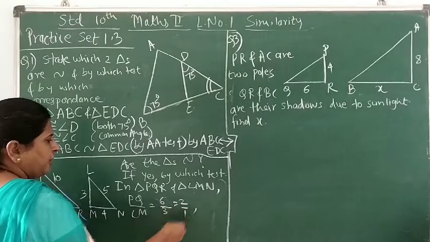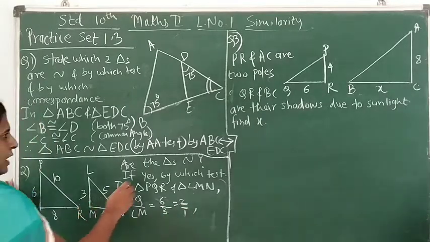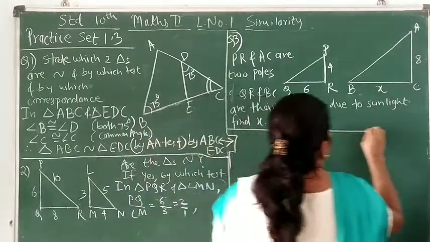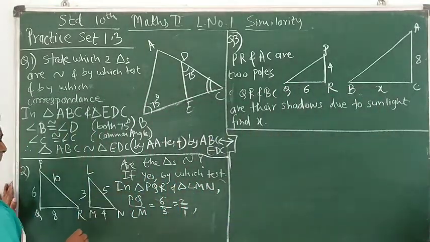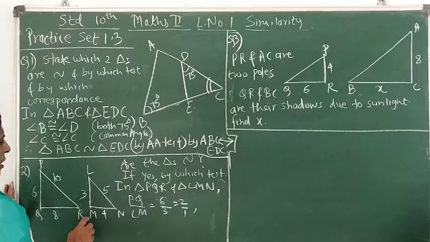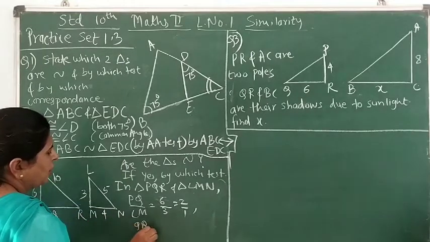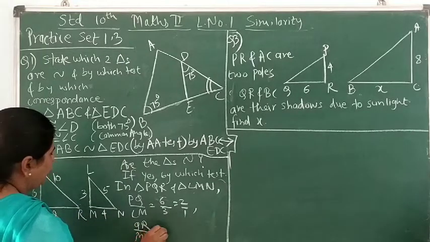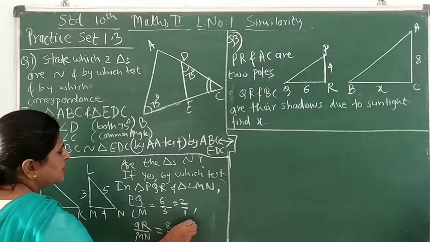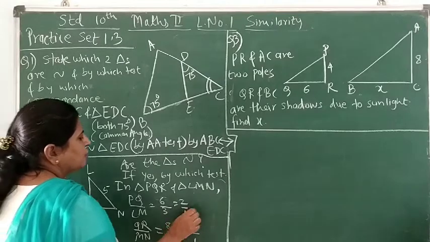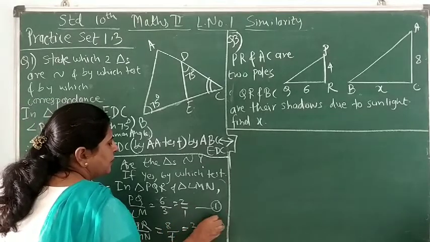Like that, we can find the other ratios. Now, what is QR upon MN? QR is 8 and MN is 4. So it is 2 upon 1. So we can call this statement number 1, statement number 2.